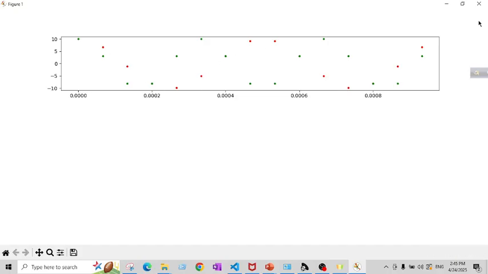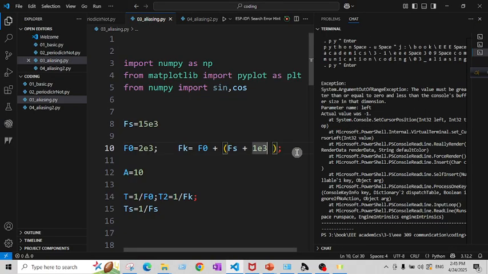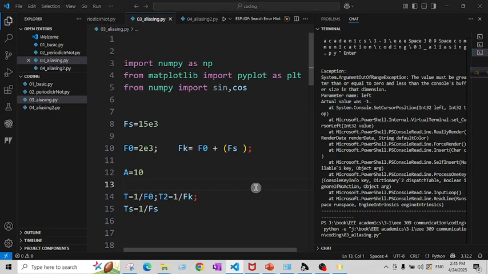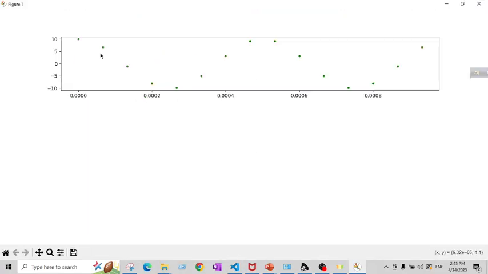Now let's take fk is equal to f naught plus fs, and let's see what happens. Okay, now these two signals are identical, right? The green signal overlaps the red signal, so you can't differentiate these two signals. You are watching one signal because these two signals are the same.